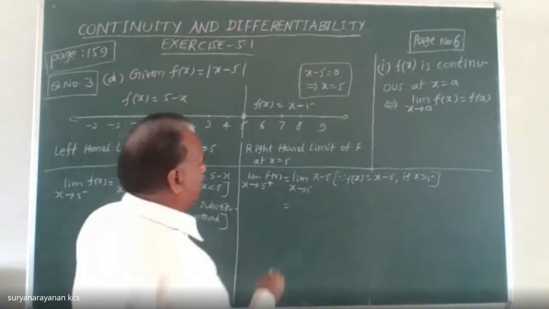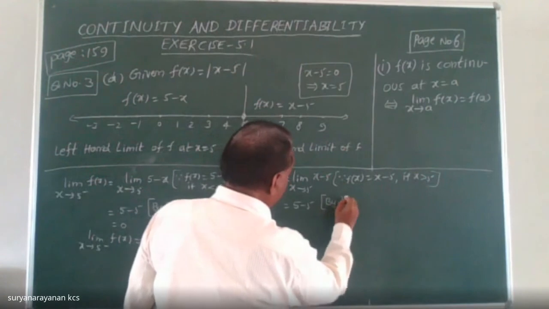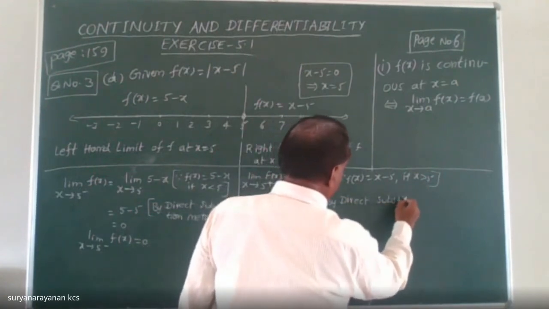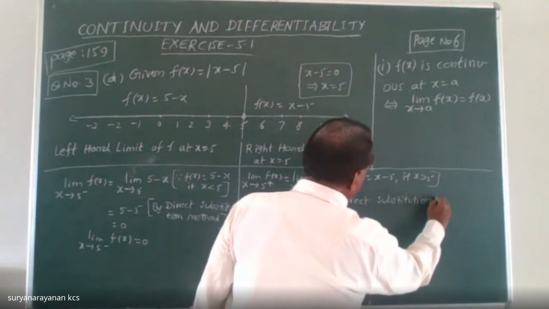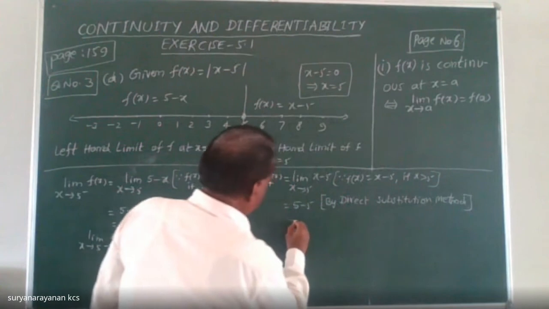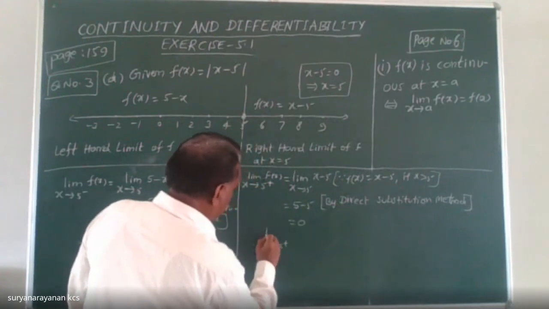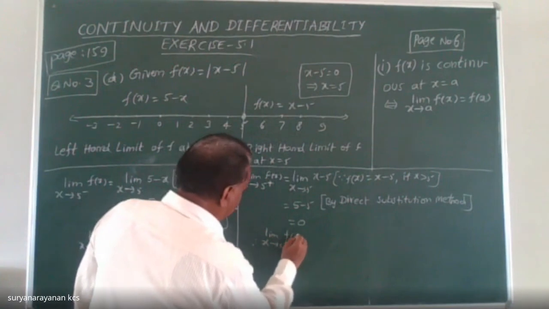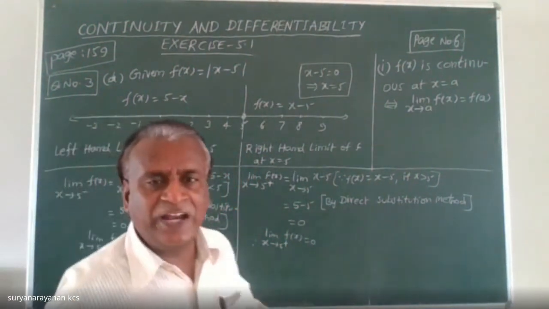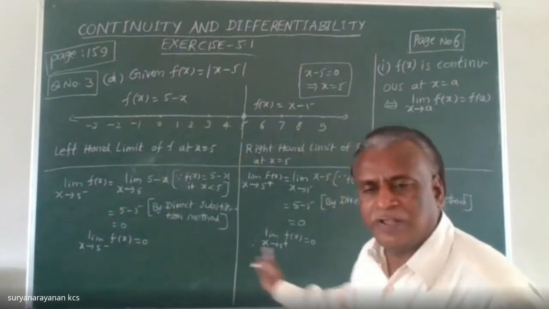Direct substitution method. 5 minus 5, by direct substitution method, that is equal to 0. Therefore, as x tends to 5 plus, limit f of x is equal to 0. Here the left hand limit and right hand limit of this function at x equal to 5, both are equal.